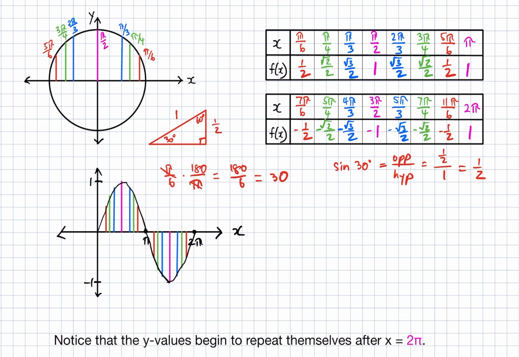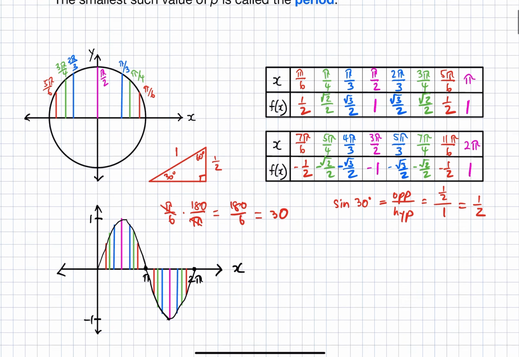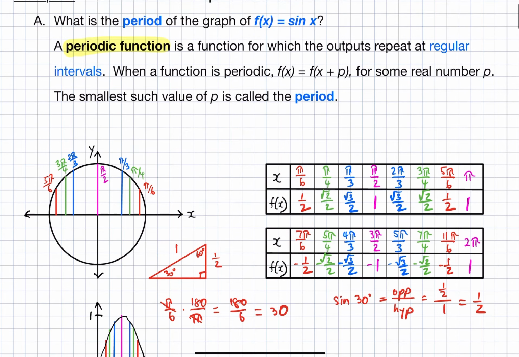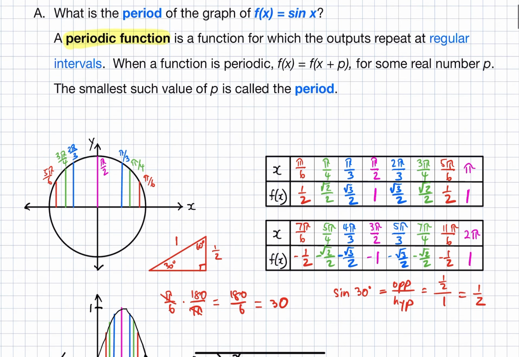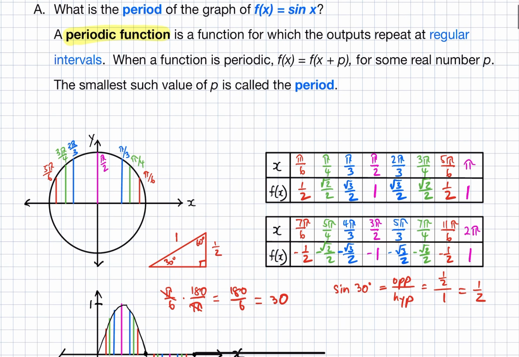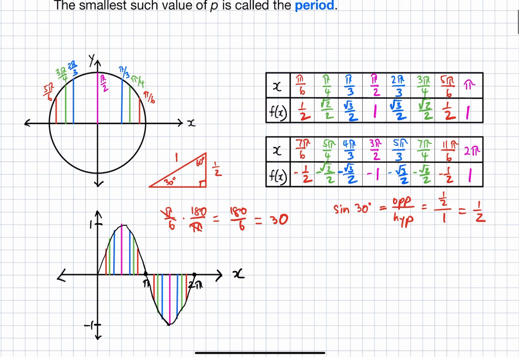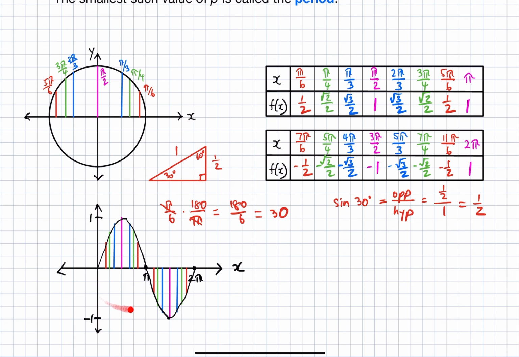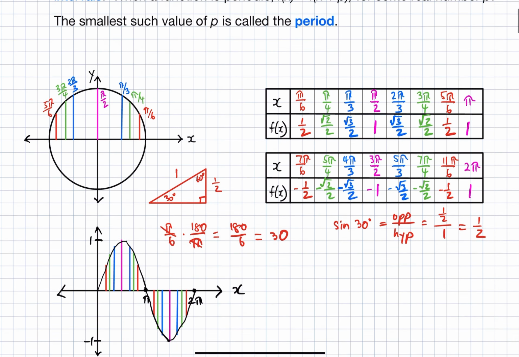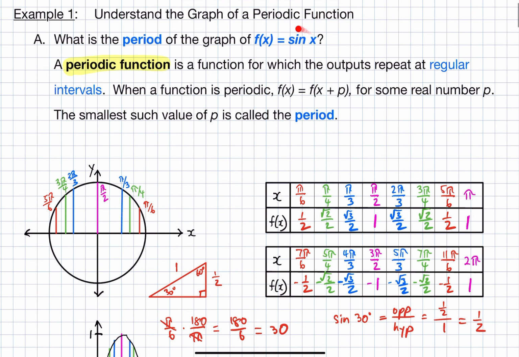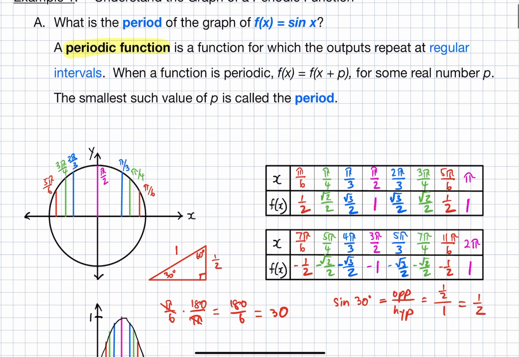Okay, and you'll see that once it gets to 2 pi, it will basically continue. And this is what we call the frequency. Or I'm sorry, the period. My apologies. Frequency is the inverse of the period. So the period of this graph, the function y equals sine of x, is 2 pi.